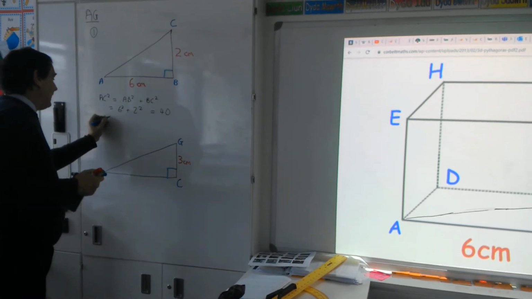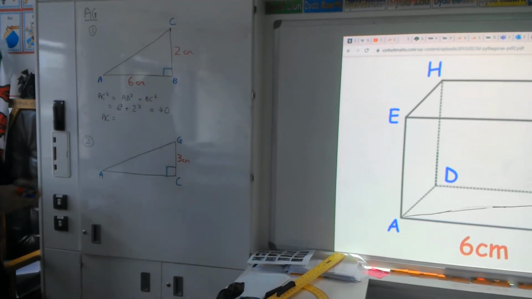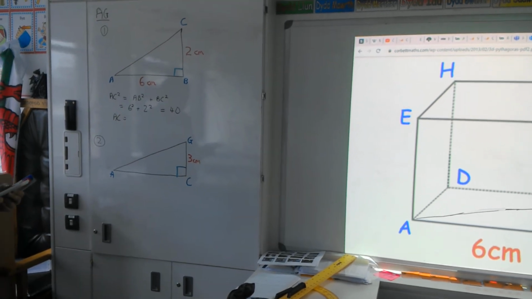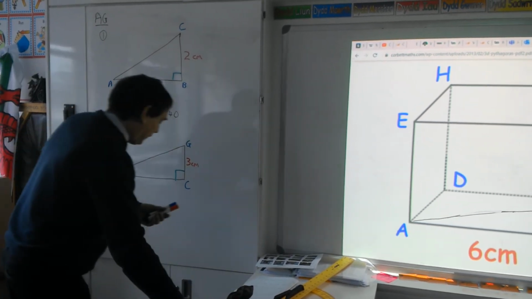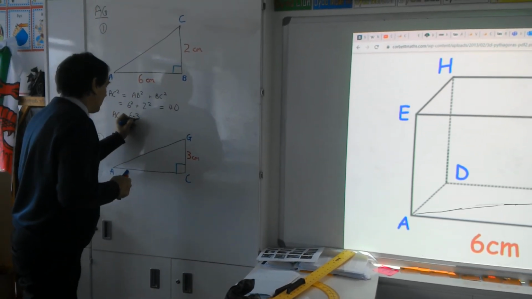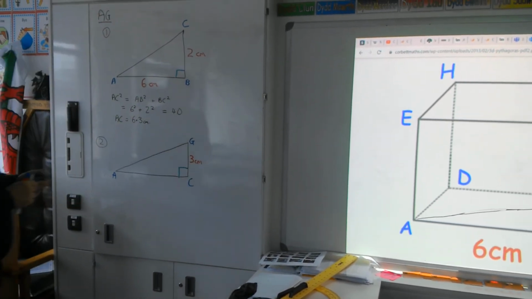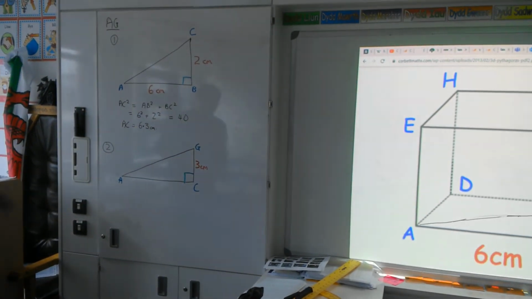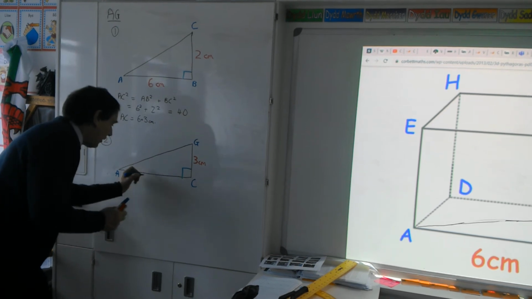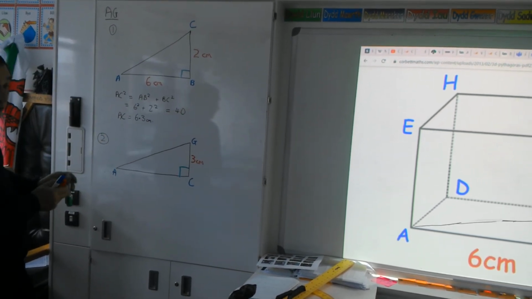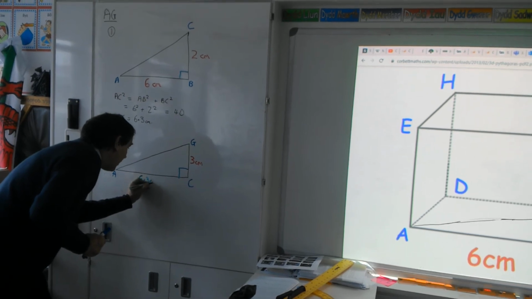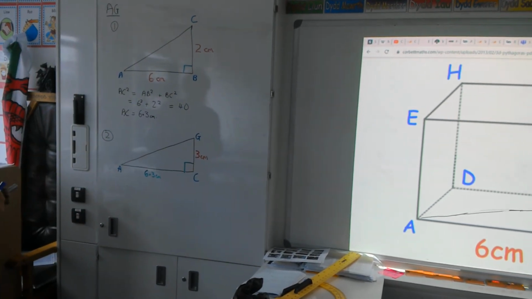So AC is going to be the square root of 40, which comes out to be 6.3. So now we've got our length of AC, which is 6.3. Let's put that in green. We just found that out as an extra because we didn't know it. So 6.3 centimetres is the length of AC.